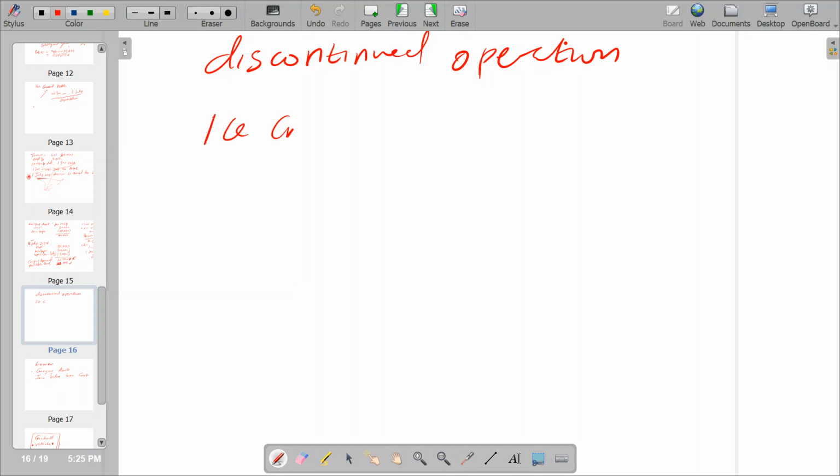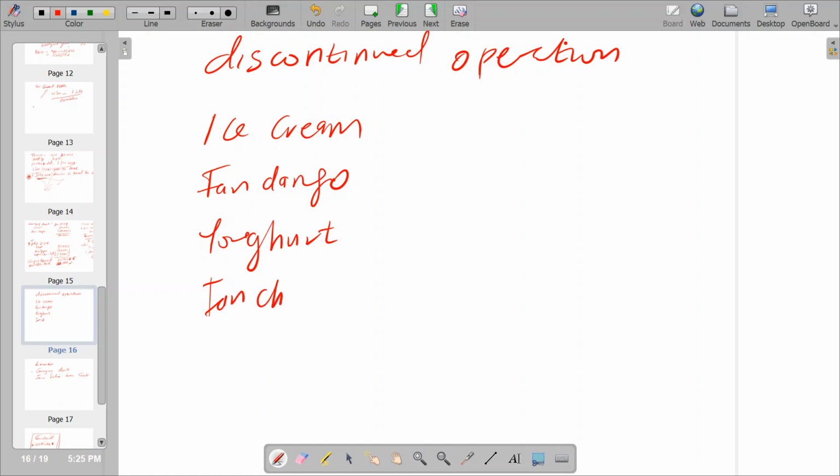Maybe they have ice cream, Fandango, yogurt, Pan Choco, and Farm Milk itself. So these are different product lines of Farm Milk.